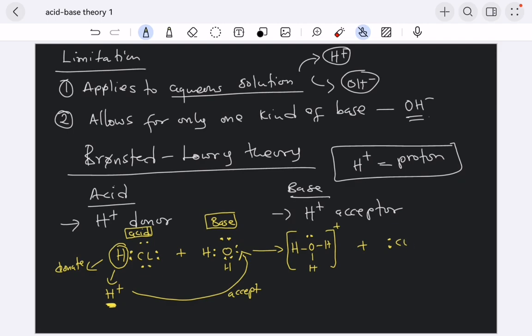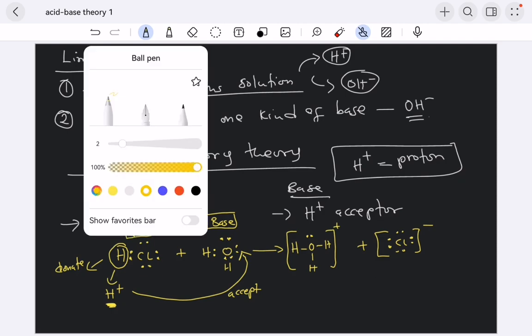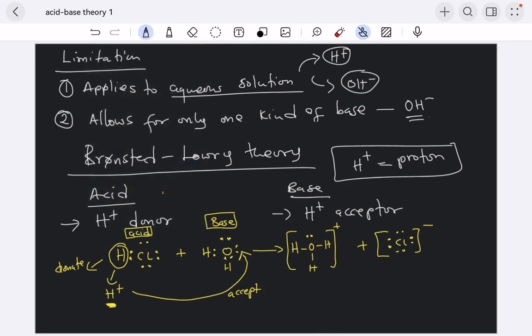So we're going to end up with something like this, a lone pair there, then positive, then we'll have Cl and negative. So what does this mean? According to Bronsted and Lowry, an acid will donate hydrogen ions. Then a base is going to accept.